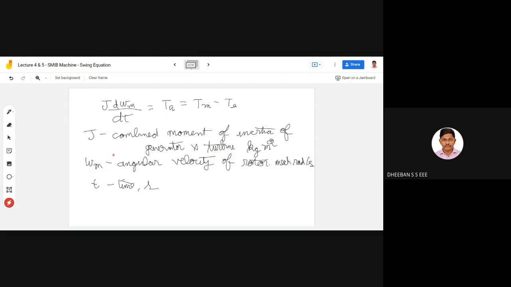Don't get confused: if it is omega r, then here it will be electrical radian per second. So that's the variation with respect to the unit. m corresponds to mechanical radian per second, and r corresponds to electrical radian per second. And you know that t is nothing but the instant of time.